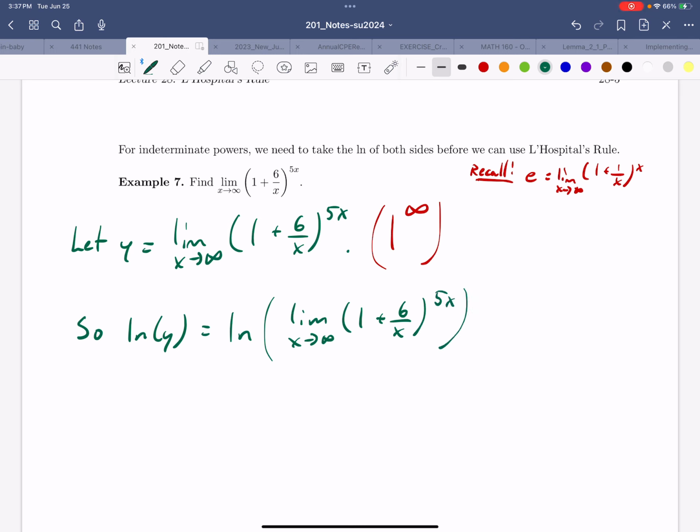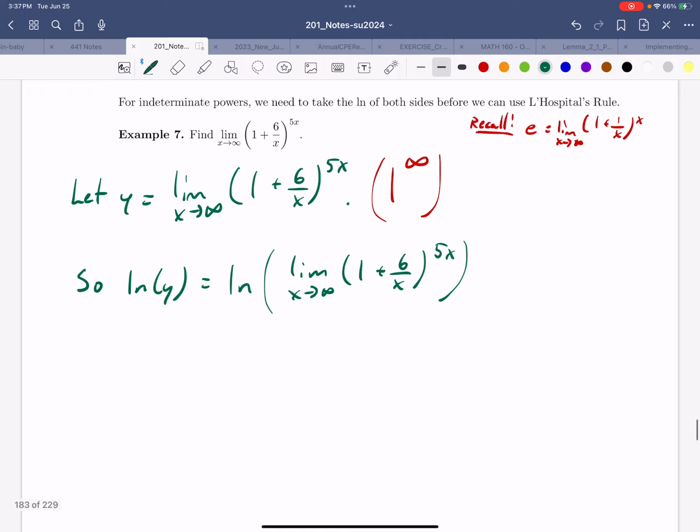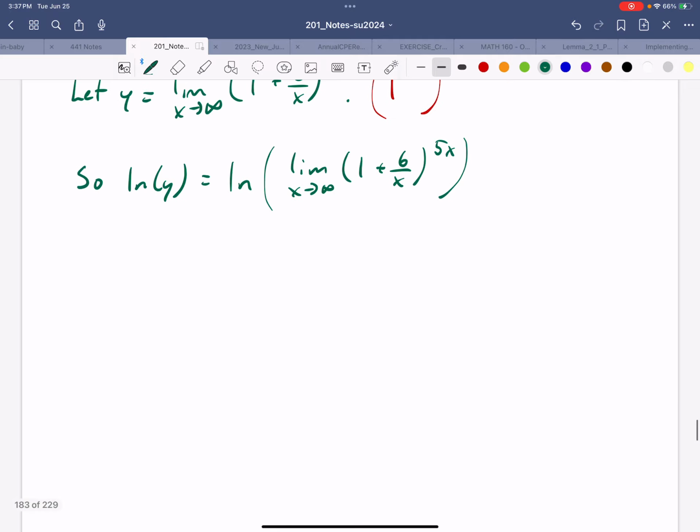Now, a little technicality that you don't need to know, but you just need to know that you can do this. Because ln and this function are continuous, we're allowed to swap the ln with the limit. And then that leads to this.